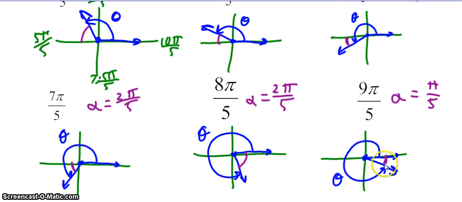And then 9 pi fifths again is in the fourth quadrant, and I have pi fifths more to get to the x-axis, so that is the reference angle.